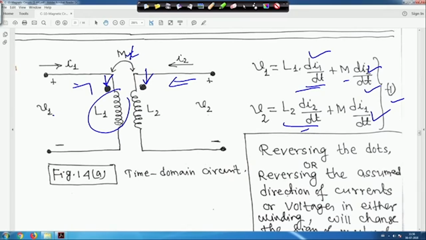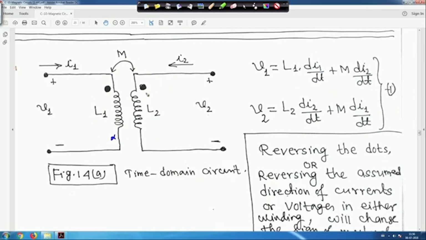Now if either of these dots is changed, if this dot is here, or let me clear it, or this dot is here, then the sign will change, right. For example, if this dot is here, suppose this is not there, so it will be minus, I told you, plus minus minus, right, because current is actually leaving this dot.